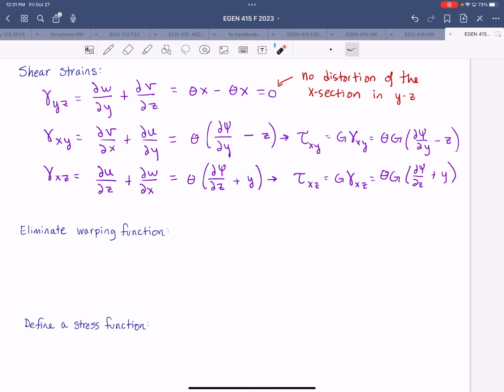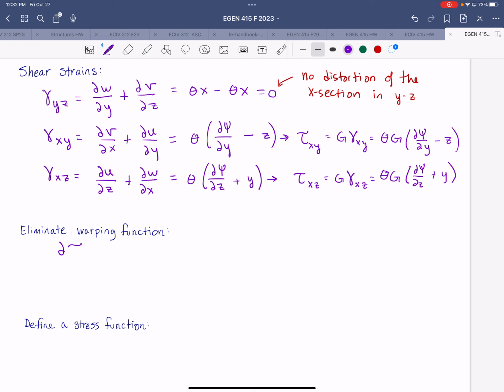All right, so like I said, we didn't fully define this warping function beyond saying that it's a function of y and z. And that's because we're going to eliminate it so that we can move on and define another function that we're going to have to ultimately work with, right? So we're going to eliminate that warping function using algebra.